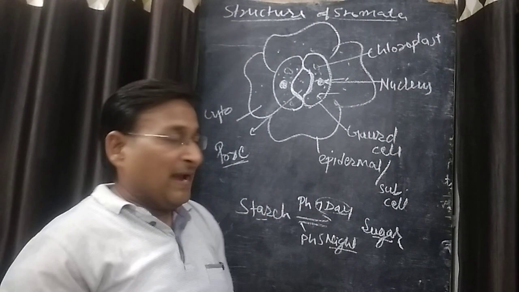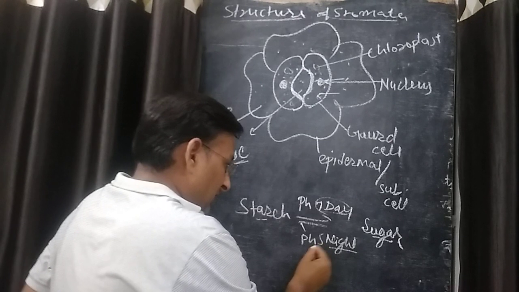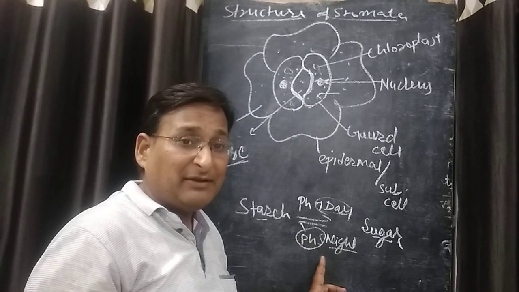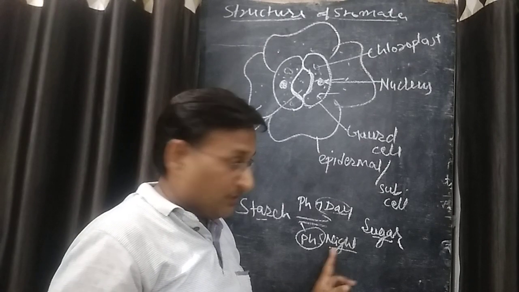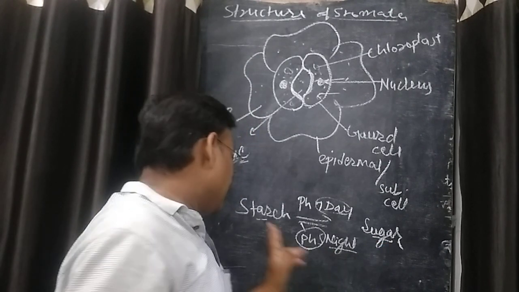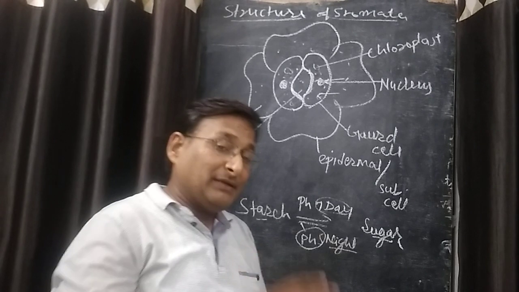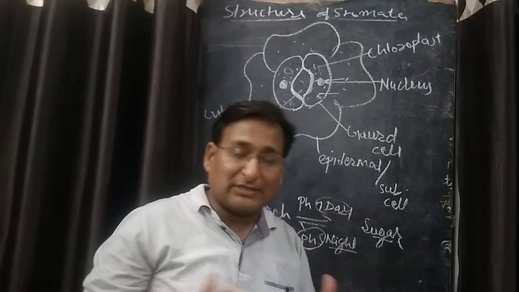Due to this the stomata will be open. In nighttime the pH remains 5. At this pH, sugar converts into starch. Starch is a non-osmotic substance, so it does not dissolve into the cytoplasm.